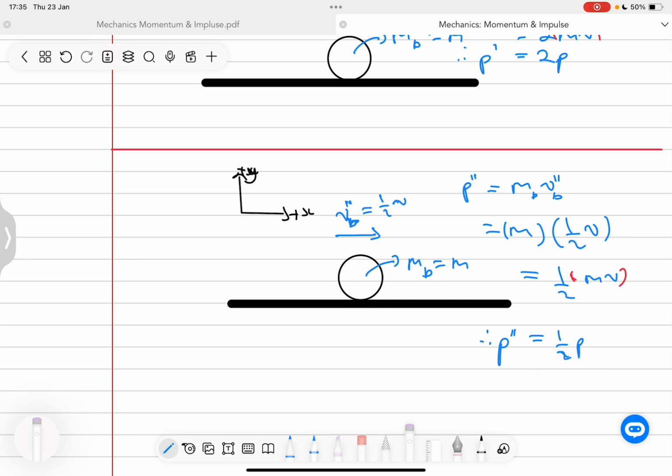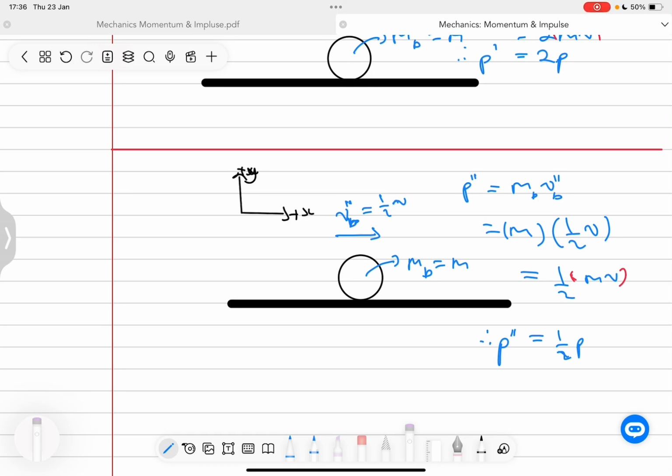Again, we see a direct proportion relationship here: if you halve the velocity, the momentum will also be half. So if you decrease the velocity, the momentum will also decrease by exactly the same ratio, 1 over 2.